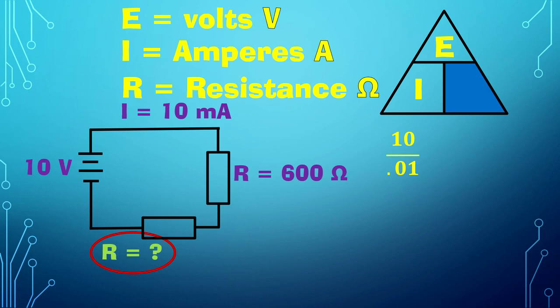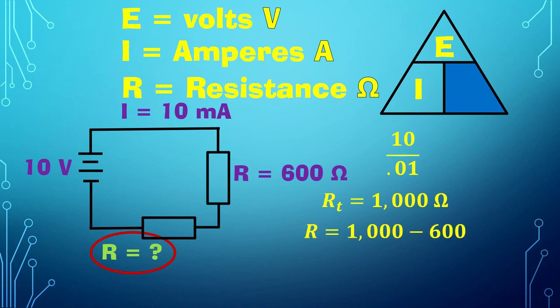So I've got 10 volts over 0.01 amps, or you could have 0.010, same thing. So my total resistance is 1,000 ohms. To get the resistance of that other resistor, I take the 1,000 minus the 600 from the first resistor, and I've got 400 ohms.